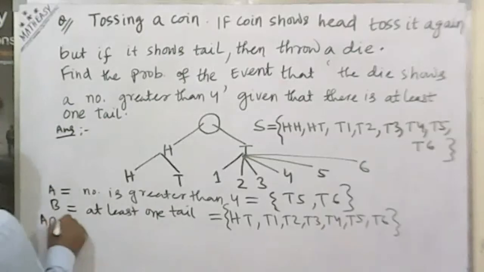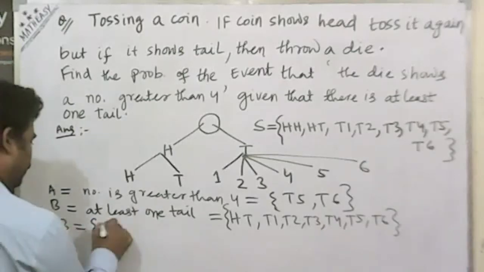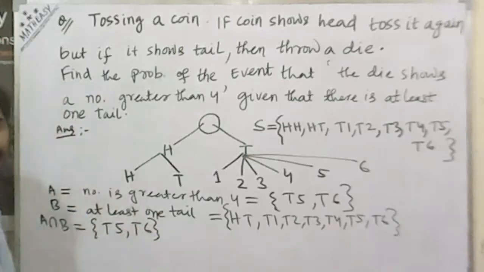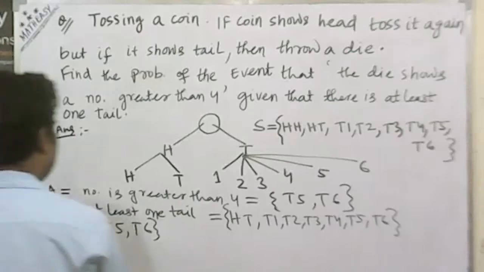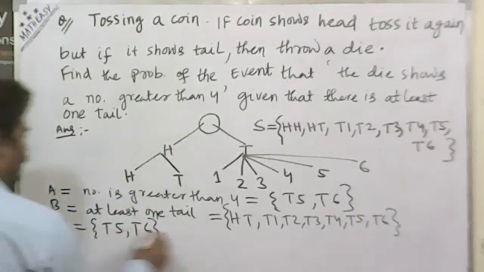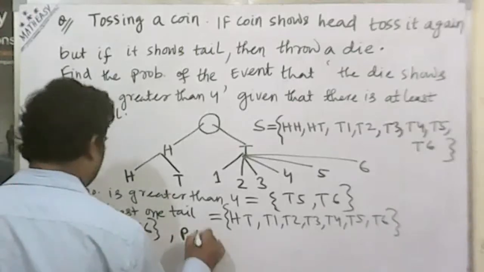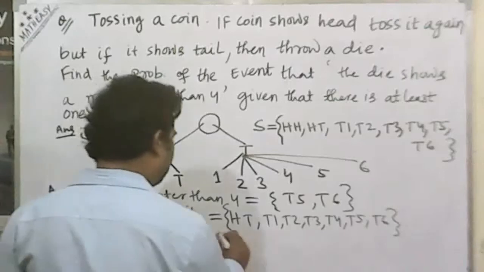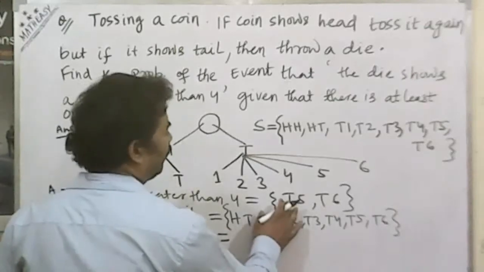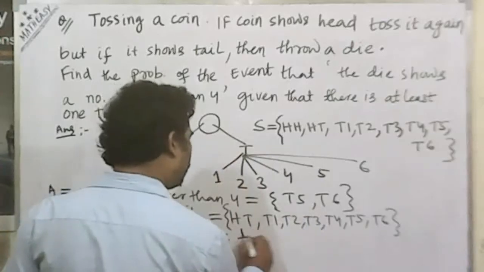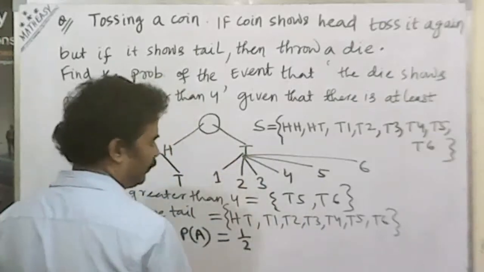Now A intersection B is equal to T5 and T6. Here, probability of A is equal to, that means here T and 5. For T, that probability is 1 by 2.